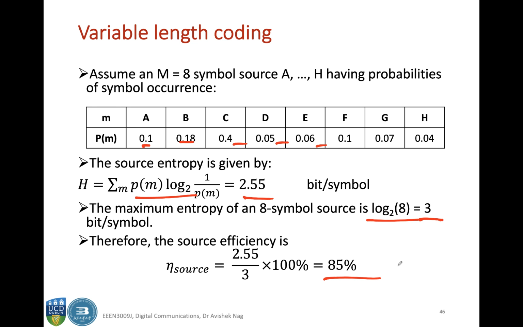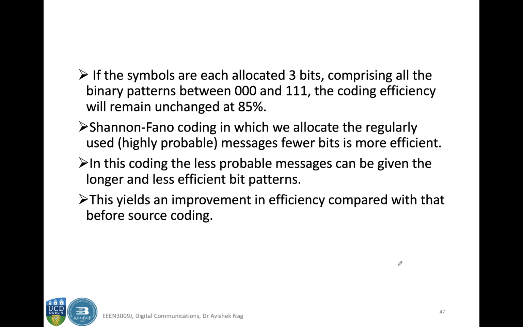Now you can use variable length codes to increase the efficiency. So if the symbols are each allocated 3 bits comprising all the binary patterns between 0 0 0 and 1 1 1, the coding efficiency will remain unchanged. But Shannon-Fano coding, which is a type of coding in which we allocate the regularly used messages fewer bits, is more efficient.